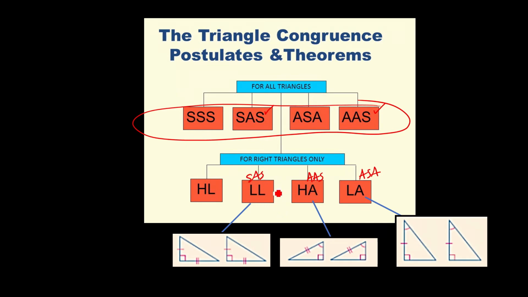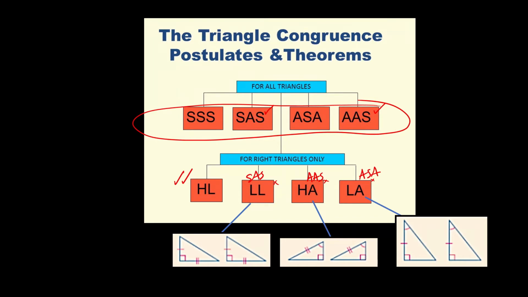So you can see these are really not new, so I don't even take the trouble to memorize these. I just use side, angle, side, angle, side, angle for right triangles. So we really only have to know one new theorem for this particular section, and you can use all the previous ones, side, angle, side for right triangles also. So it's not as difficult as it may appear.